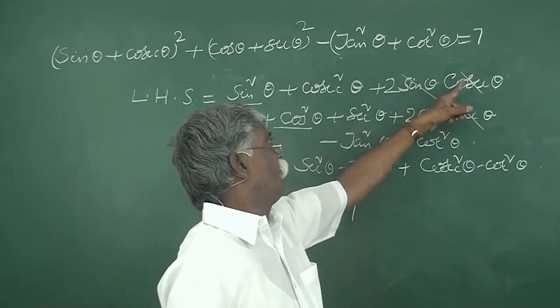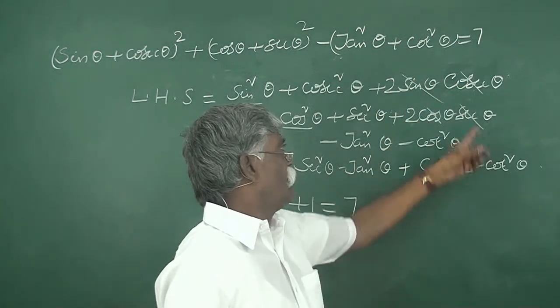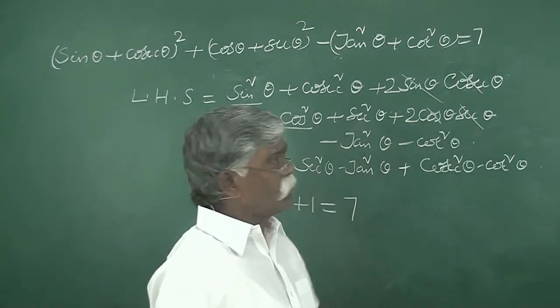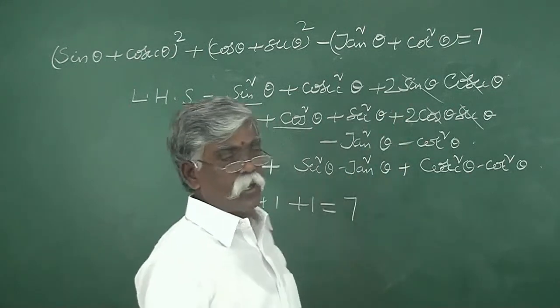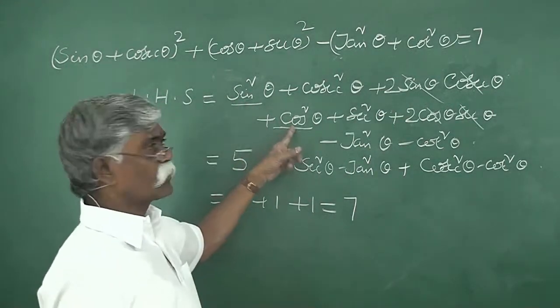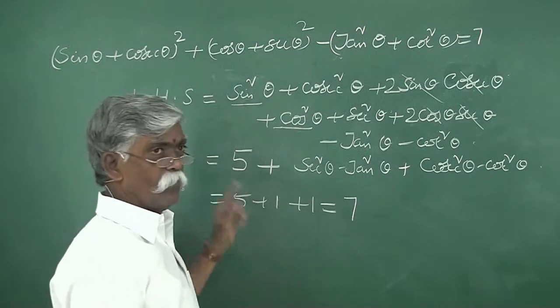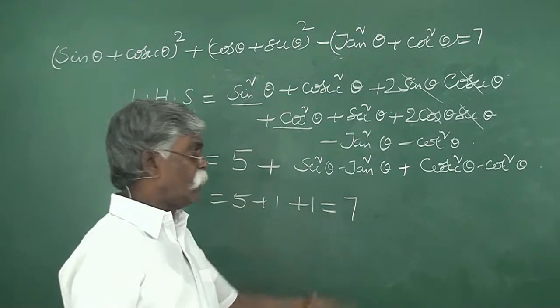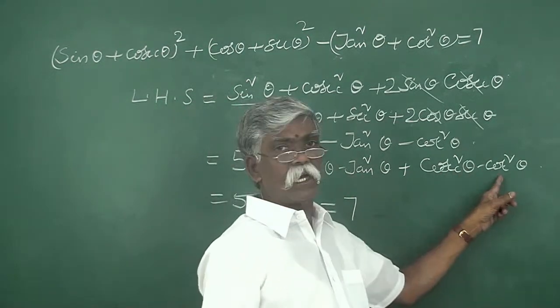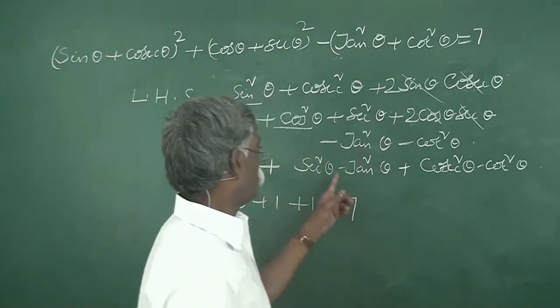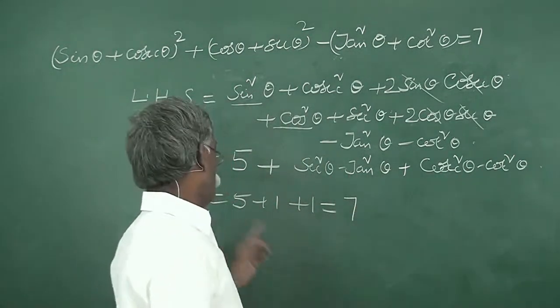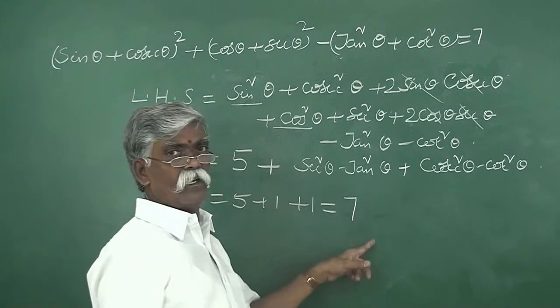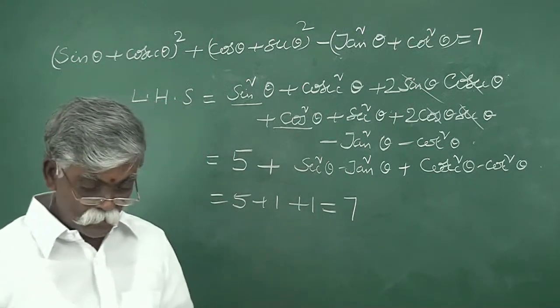So therefore, this 1 by sin gets cancelled. Here it is 1 by cos, this also gets cancelled. So 2 plus 2 is 4. And sin square plus cos square is 1, this is 5. Plus secant square theta minus tan square theta. And cosecant square theta minus cot square theta. This is 1, this is 1. Therefore 5 plus 1 is equal to 7.